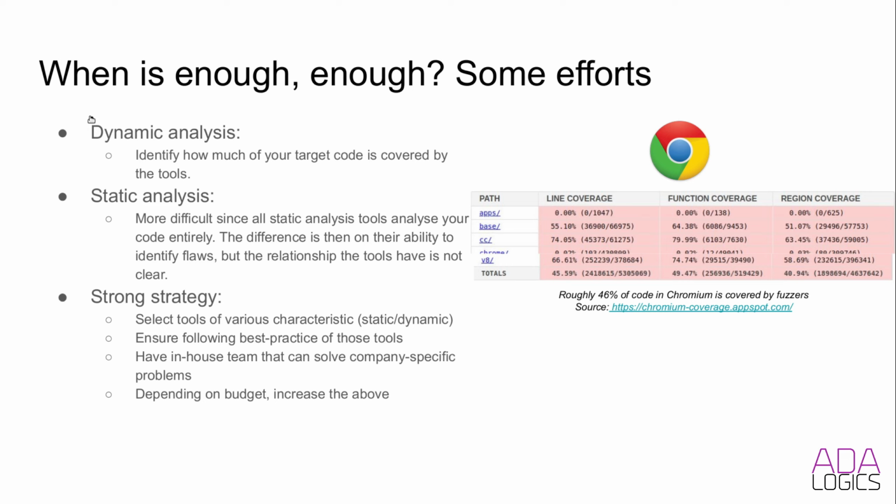And in particular in dynamic analysis, one of the very common metrics for identifying how well you are performing in your analysis is to identify how much of your target code is covered by the tools. So your dynamic analysis will execute the code that you are analyzing, and you can then start to monitor how much code in the project that you're analyzing is actually executed by the dynamic analysis.